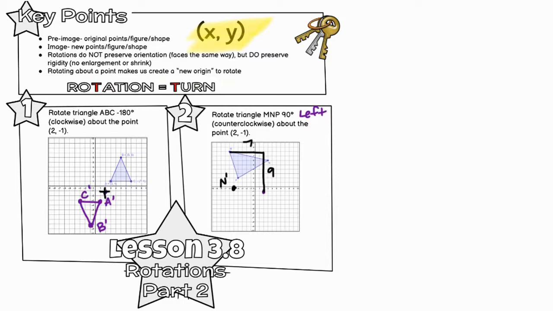So then when I rotate it 90 degrees, I'm going to be at 9 across and down 7. And so there is my new point, M prime. And so I'll erase this one.